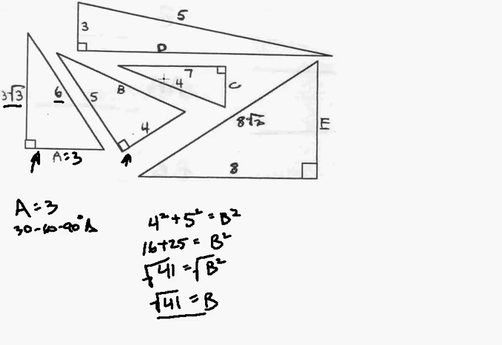Okay, going to C, here I have 4 as the hypotenuse and 7 as a long side.